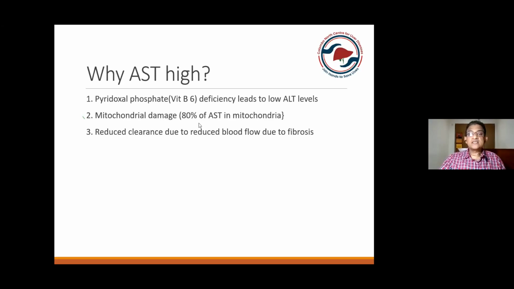I told you this earlier: various diseases give rise to mitochondrial damage, like alcohol, some drugs, some viruses, when they destroy the mitochondria, and then AST is high. And there is reduced clearance due to reduced blood flow due to fibrosis. In advanced cirrhosis, liver blood flow is compromised due to fibrosis. Then the wash-off is impeded and AST starts going up compared to ALT.